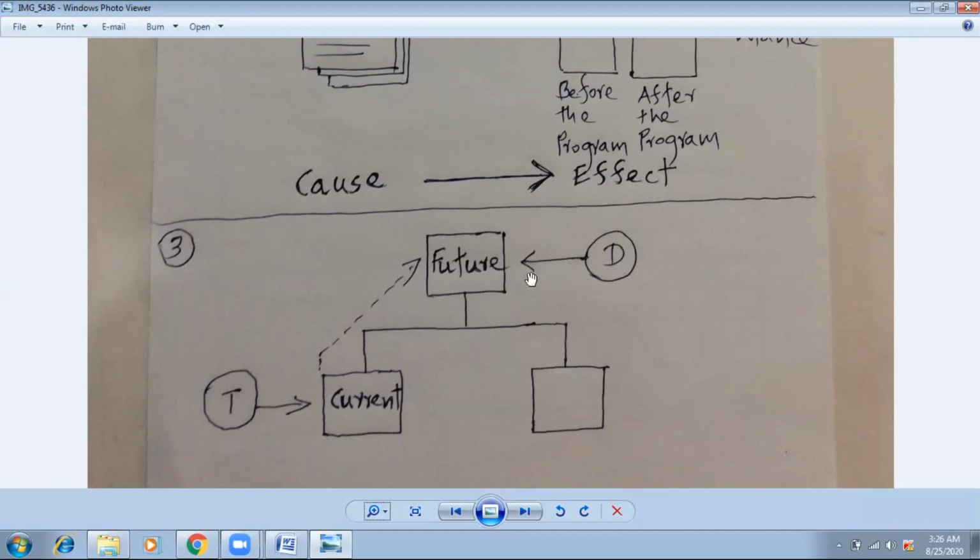So under development, we deal with increasing capabilities within the employees in order to perform future jobs of higher ranks, higher responsibilities. But under training, we deal with increasing capabilities of employees so that they can perform their current jobs successfully, in the way that is expected.